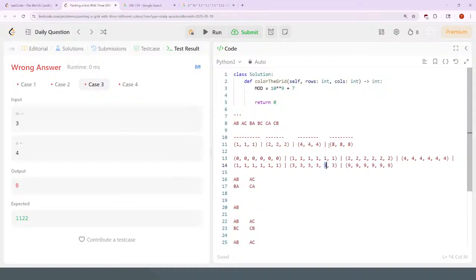And then of those 6 ways, how many ways can you, of those 6 ways, times those 6 ways, times those 6 ways. 1, 2, 3, 4.